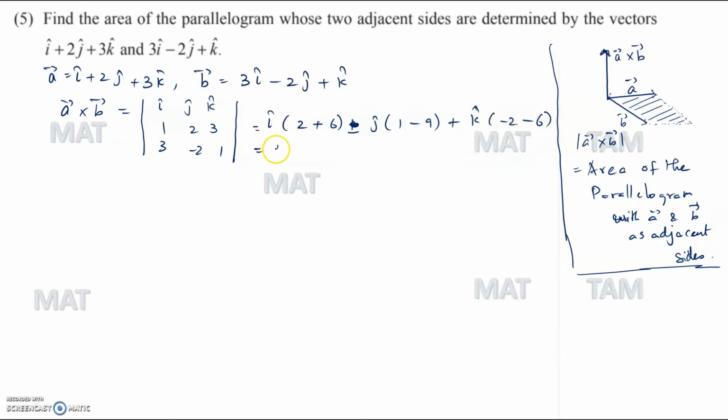So that's equal to 8 i cap plus 8 j cap minus 8 k cap.